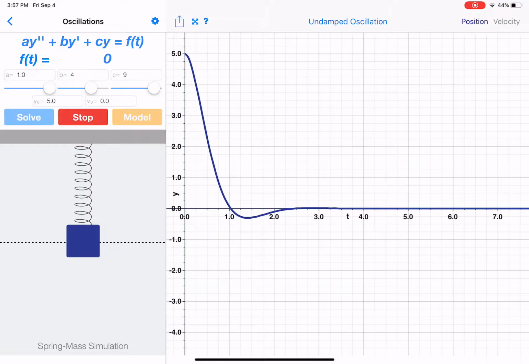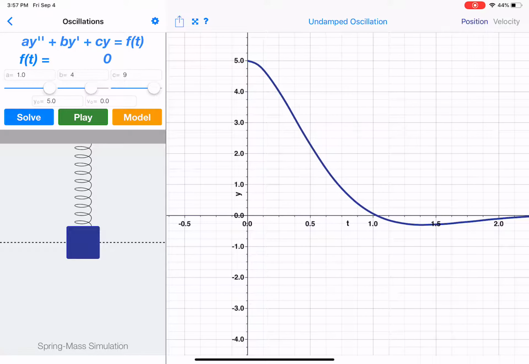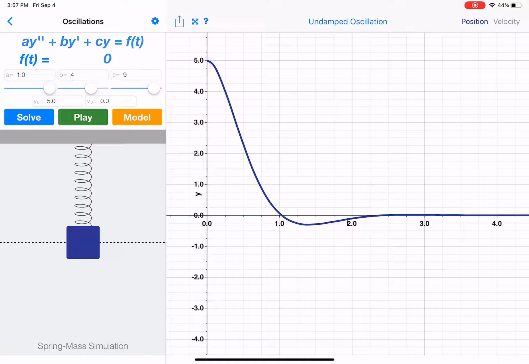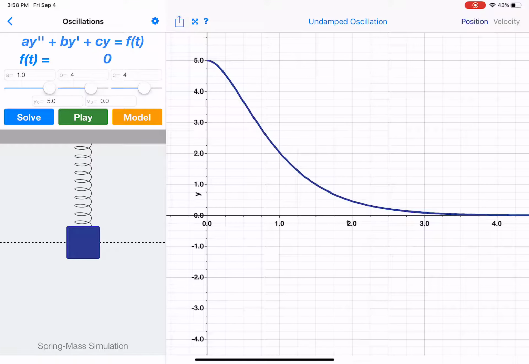I think the oscillation might be a little bit more clear if I zoom this way a little bit. So we're going to push play, and at least we can see a little bit of that oscillation. Okay, it's not that much oscillation, but just a little bit. Okay, finally, let's look at the critically damped oscillator. That was when I had a 4 for the coefficient of friction and then 4 for the spring constant.